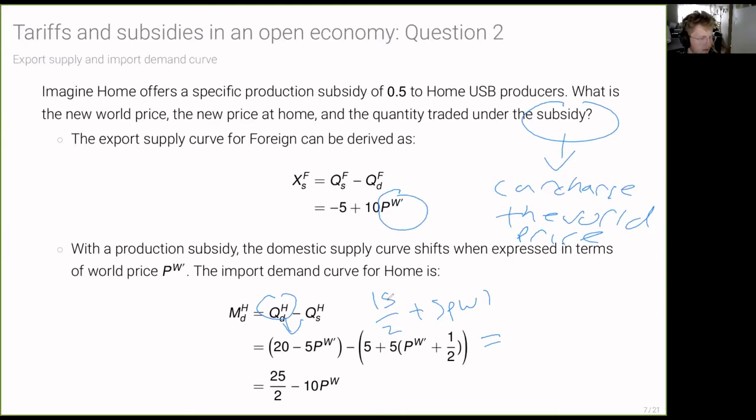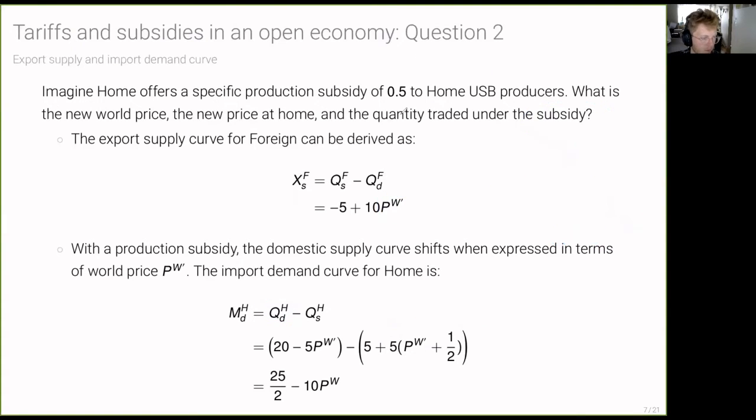Sorry, there's something wrong with my math here. Let me see. Let's see. Okay, so let's just, sorry, I'm not sure if I'm remembering this correctly.